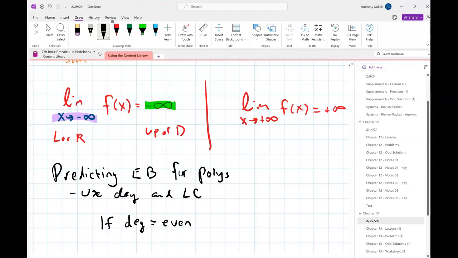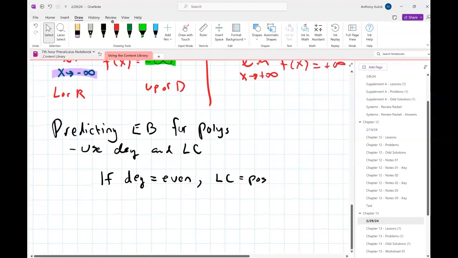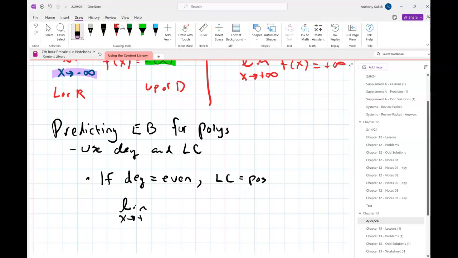So if my degree is an even number and my leading coefficient is positive, the limit as x approaches negative infinity of f of x is positive infinity, and the limit as x approaches positive infinity of f of x is also positive infinity.